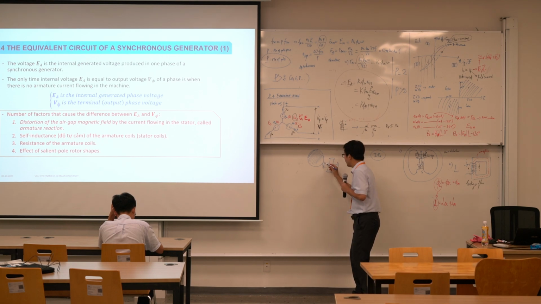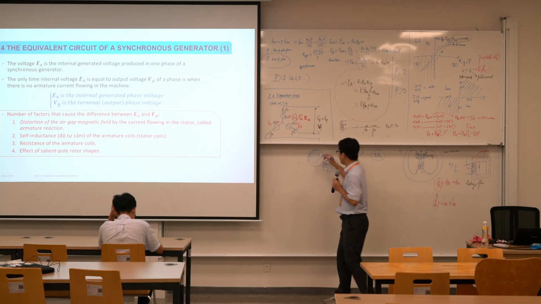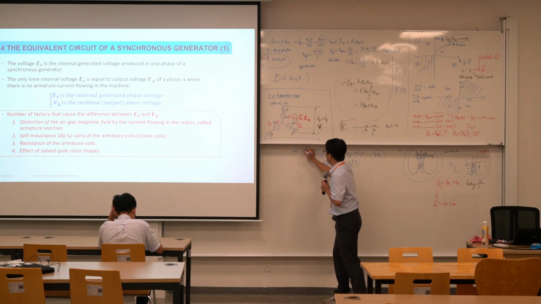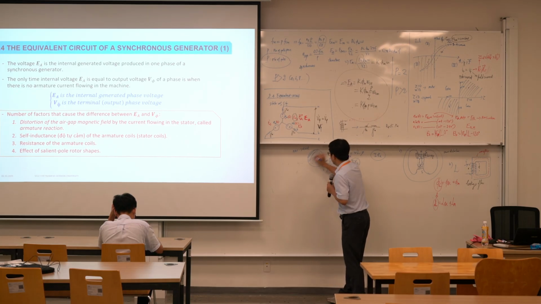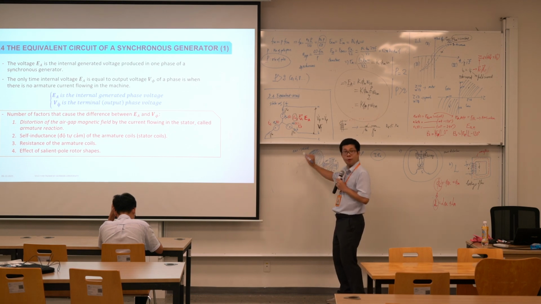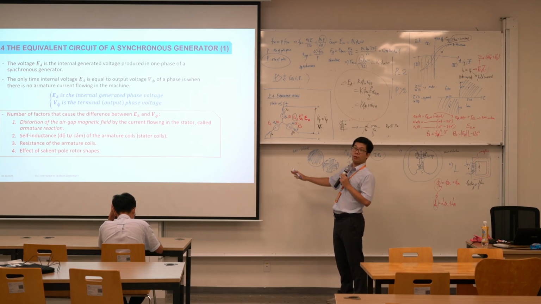So now this is the area of the rotor, right? And here we have some air gap. More air gap, more distortion. Here we use non-salient poles, which is better, because we only consider the whole area, so less distortion.